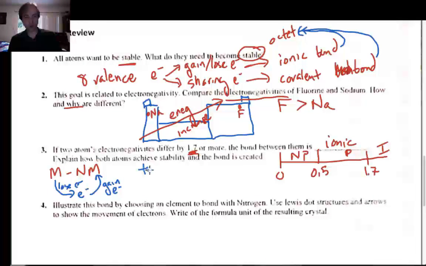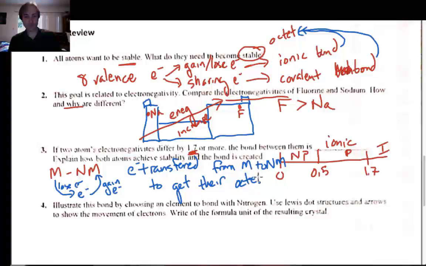So long story short, the electron is transferred from the metal to the nonmetal to get them their octets. Okay, so the metal loses the electron, which will drop it back into the noble gas configuration, and the nonmetal will pick up the electron, gaining.